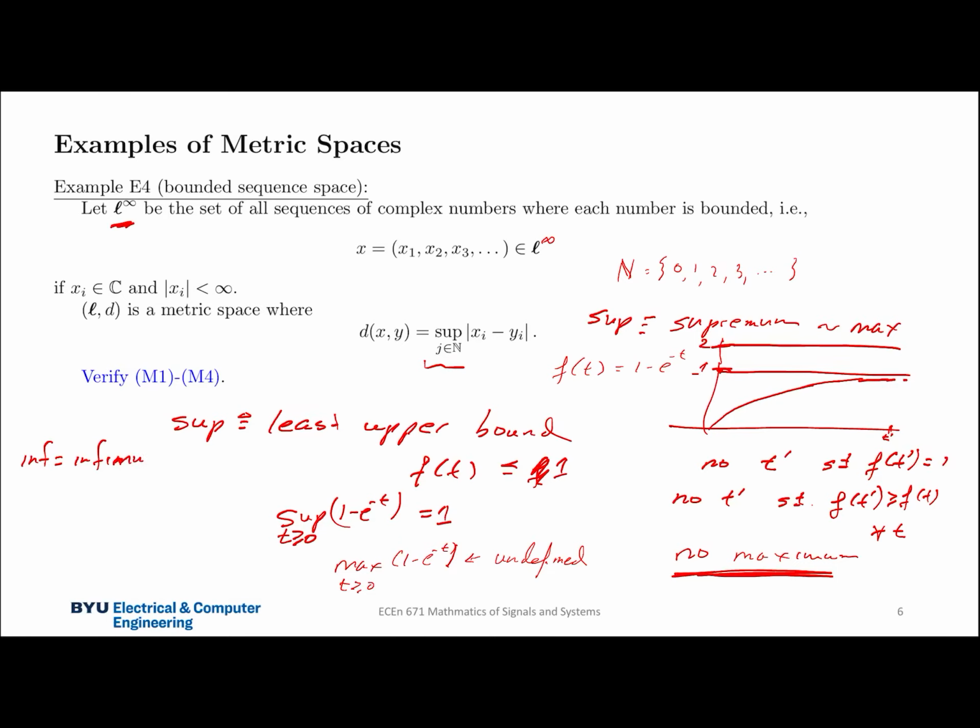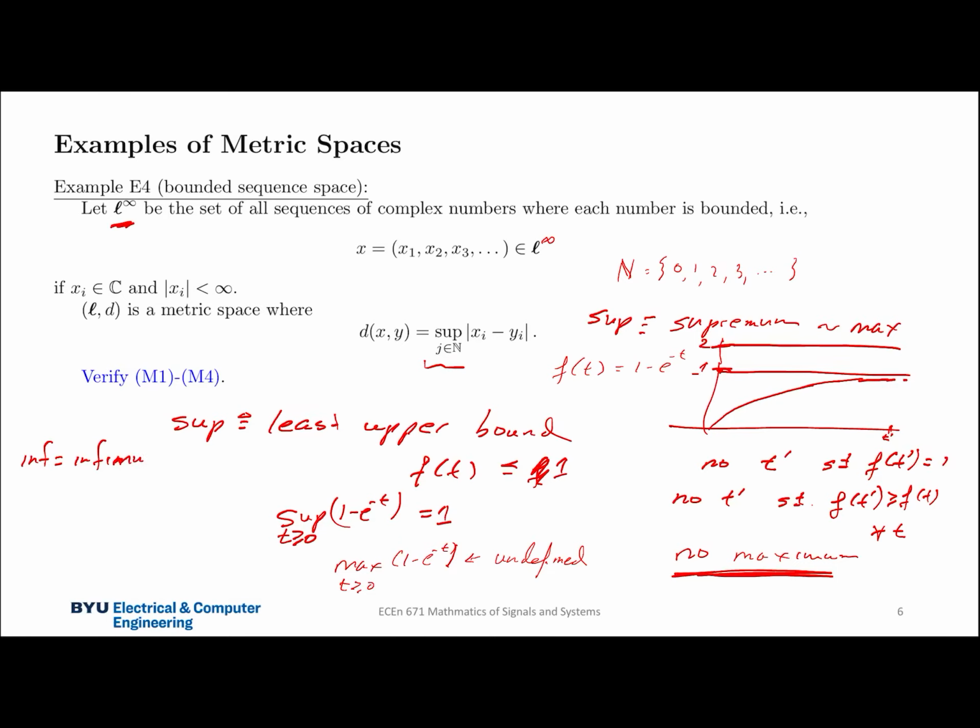Especially when we're taking minimums or maximums over infinite sets, we'll use supremum and infimum because those quantities actually exist, where a maximum or minimum may not be guaranteed to exist.